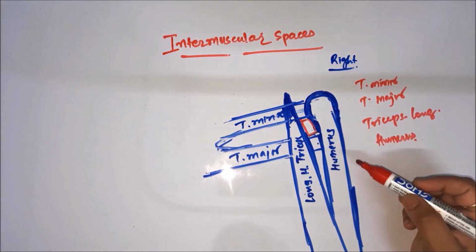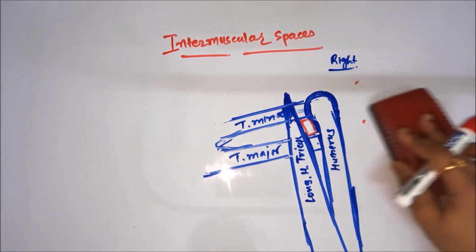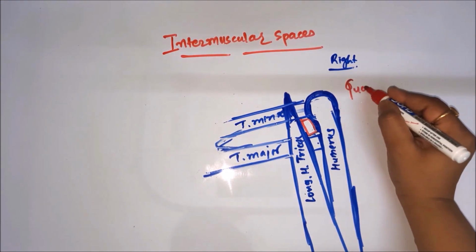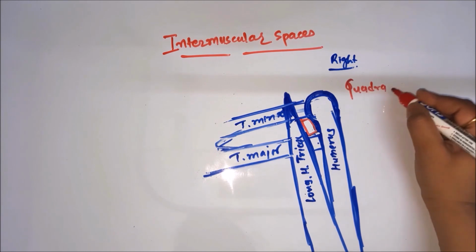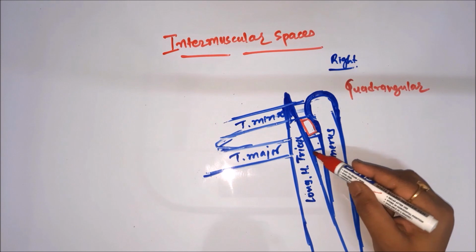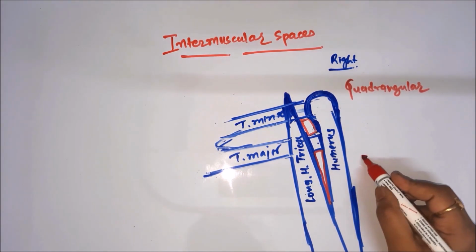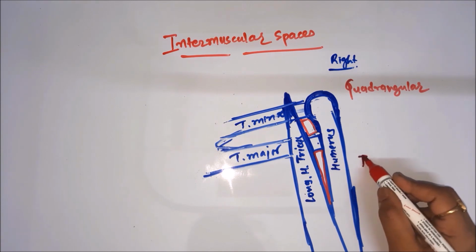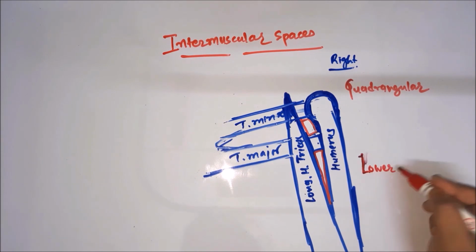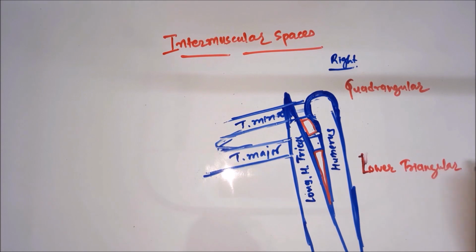This space is known as the quadrangular space. This space is known as the lower triangular space.